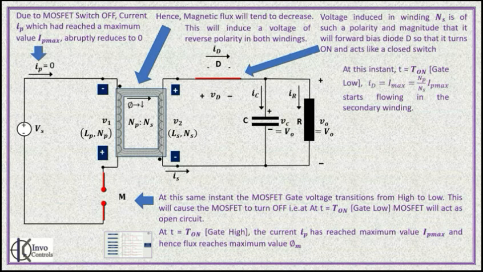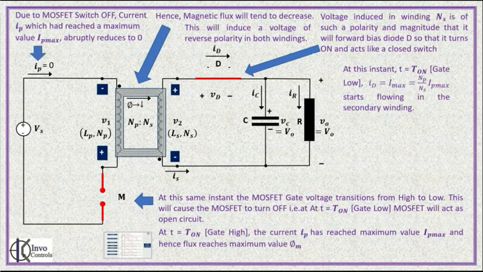Note the instant. The current Imax is flowing in the secondary circuit at t equal to T on gate low. The value of Imax equal to Np by Ns into Ip max. The direction of diode current flow in the secondary winding is as shown.